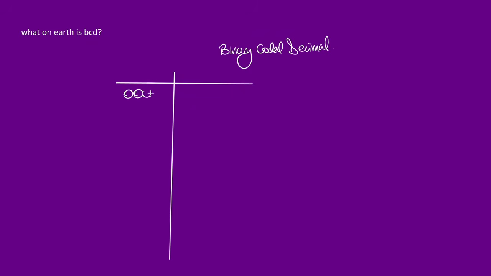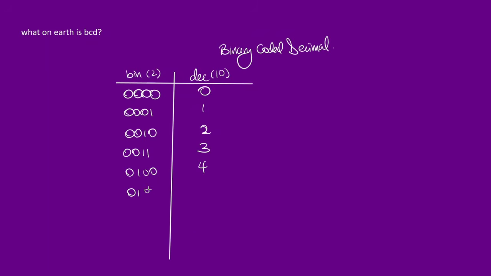So if this is binary and this is decimal, base 2, base 10, 0000 would be 0. 0001 would be 1. 0010 would be 2 in binary. 0011 would be 3. 0100 would be 4, and so on and so forth.